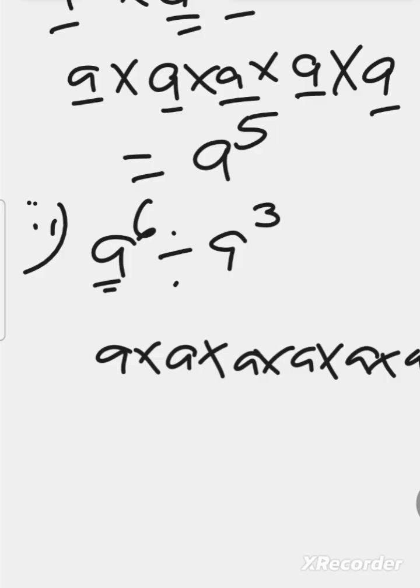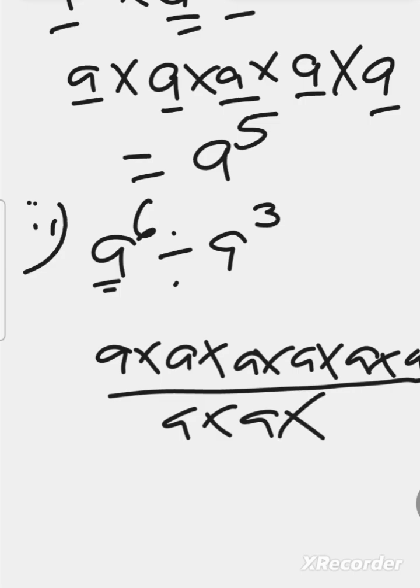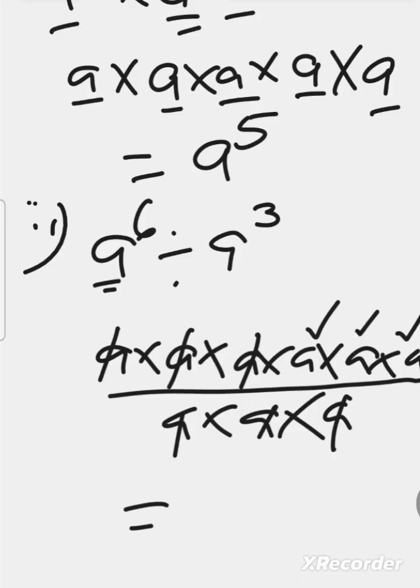How many are they? 1, 2, 3, 4, 5, 6. We divide by a multiplied by a multiplied by a. So we can cancel out a's. This a will cancel this, this will cancel this, and also this a will cancel this. So how many a's are remaining? 1, 2, 3. We'll have a power 3.